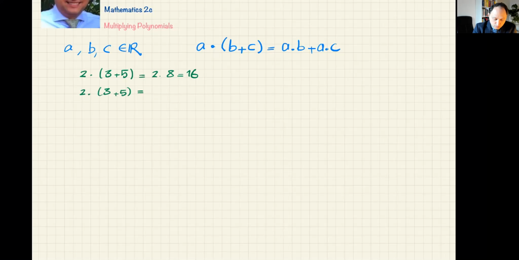You can take this 2, multiply it in the first term, multiply it in the second one, and then add the results. So you can write 2 times 3 plus 2 times 5. 2 times 3 is 6, 2 times 5 is 10, so you get 16, and you see that these two answers are equal.